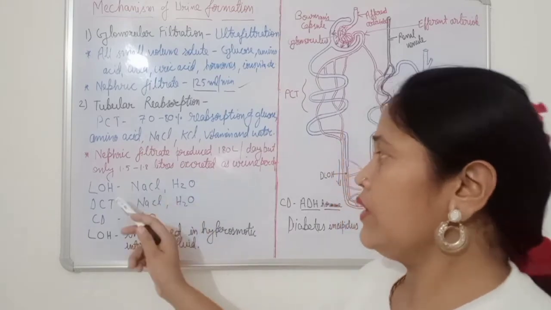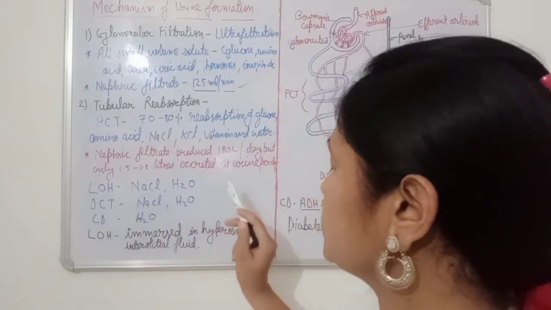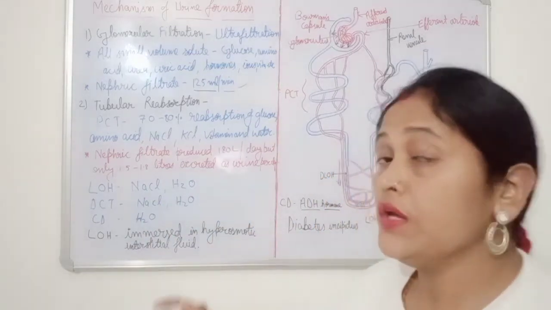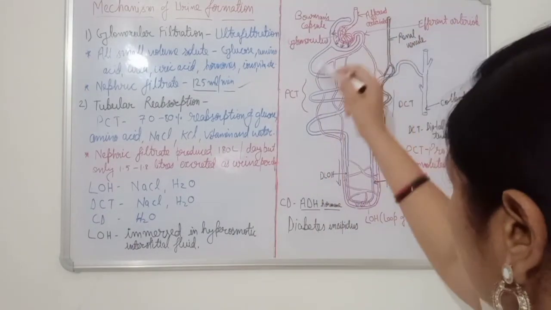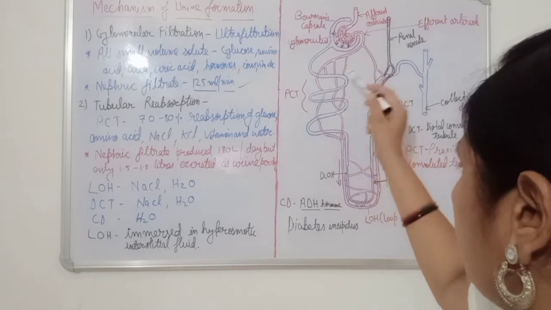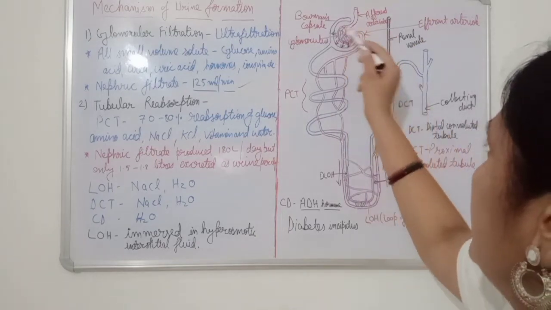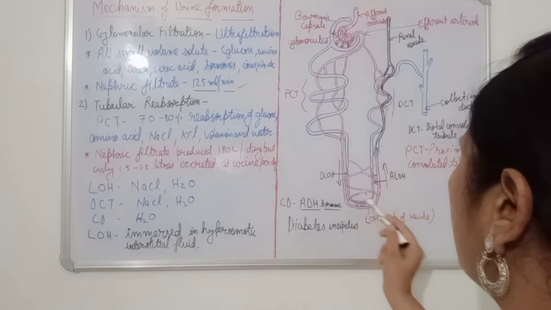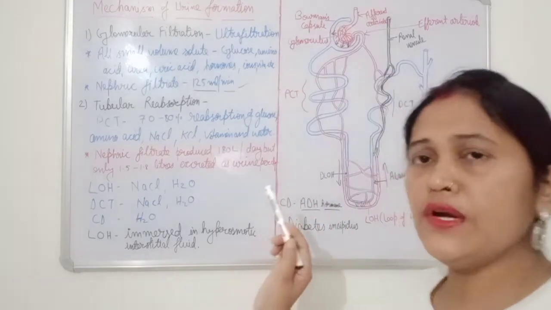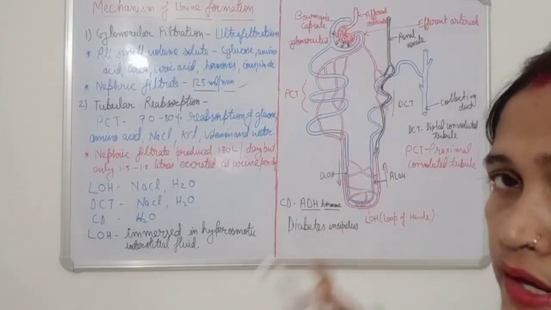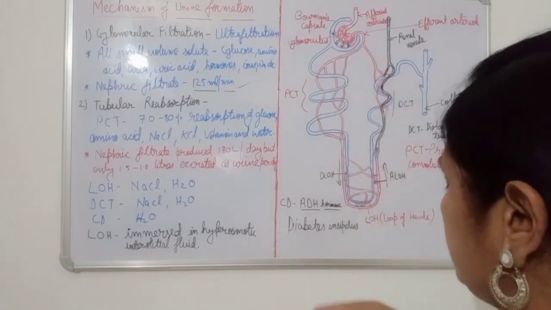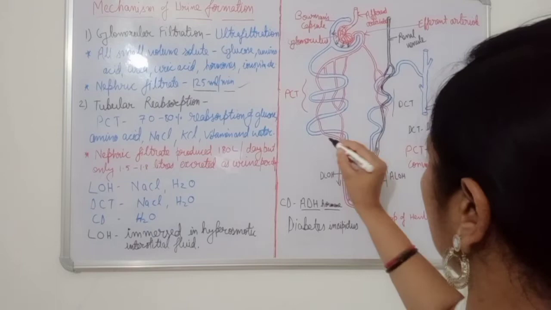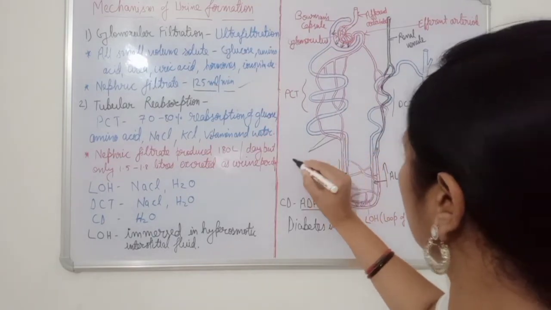In the loop of Henle also, reabsorption of NaCl and H2O occurs, by the peritubular capillaries. You can see here these blood vessels, the network of blood capillaries, present in almost all parts of the nephron. The nephron is surrounded by this network of blood capillaries.